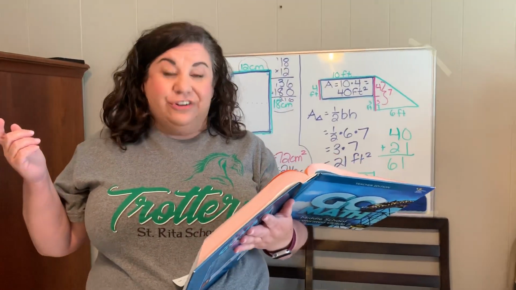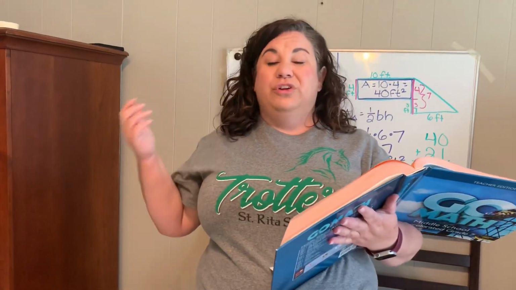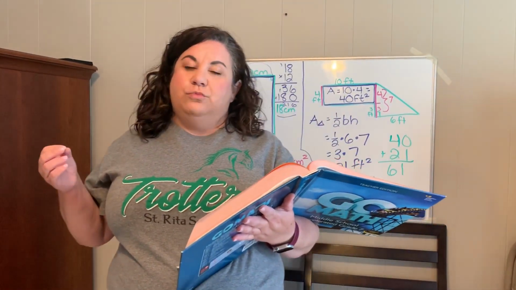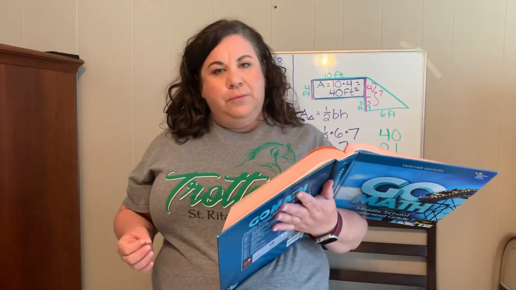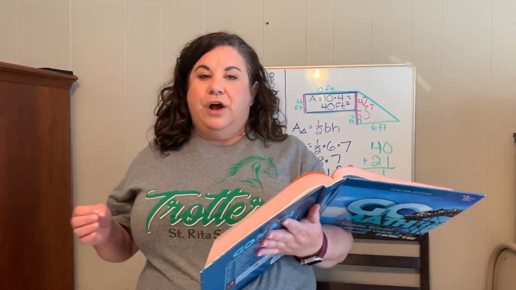For number 8, you're going to need to find the area of a quarter of a circle. So it's actually going to be just a piece of a circle where you're going to have to divide by 4 instead of just dividing by 2 like we did yesterday. So just make sure you're focused on what you're doing. If you can't get them all, it's okay, but you got to try, okay? And keep watching the videos.